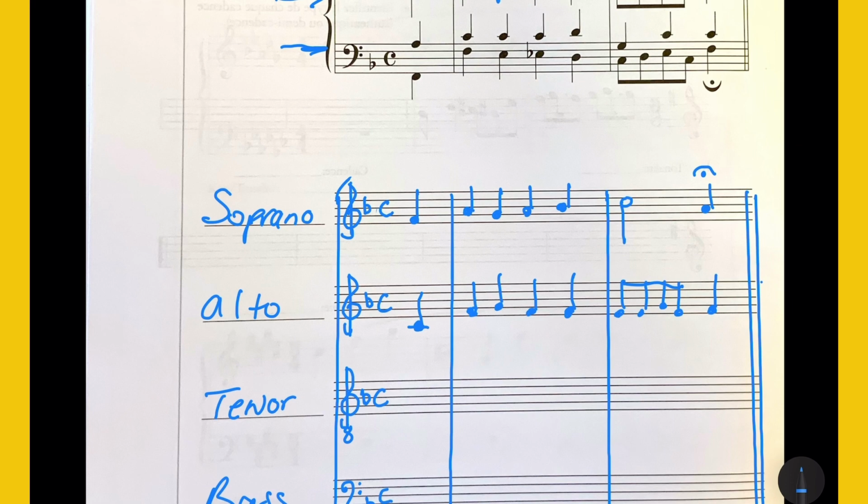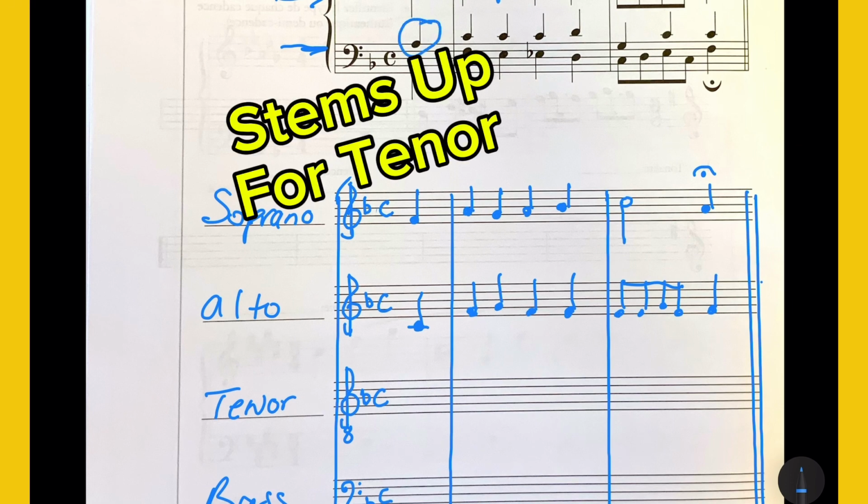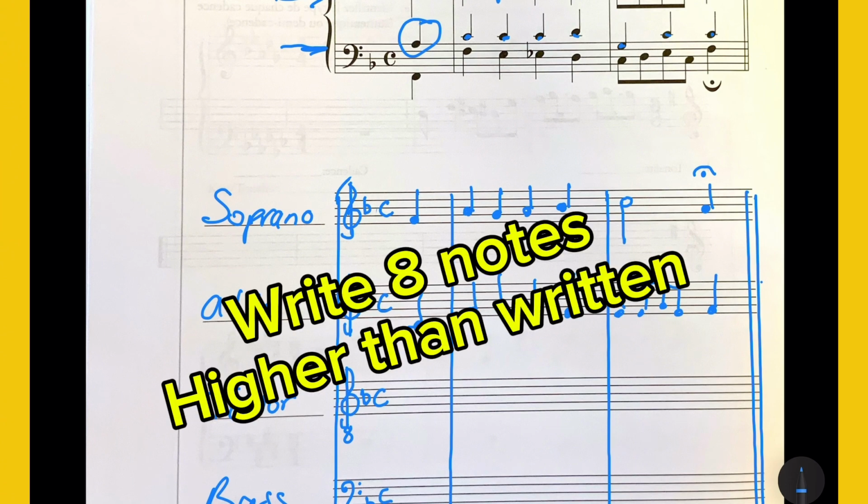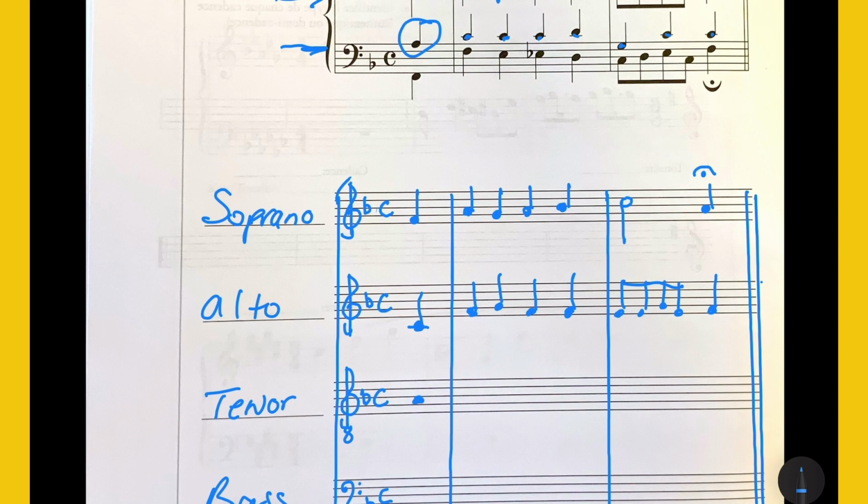We have to be careful here because you see where these are, the A, C, C, D, and it's going to be the G, C, C. We have to write them an octave higher than where they are. Okay, so we're going to start the first one on this A. We're writing them an octave higher than what we see. So we're going to write this C, C, under the F another C, and then the D. Stem rules applying.